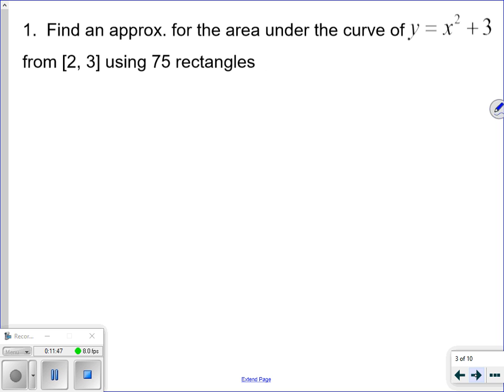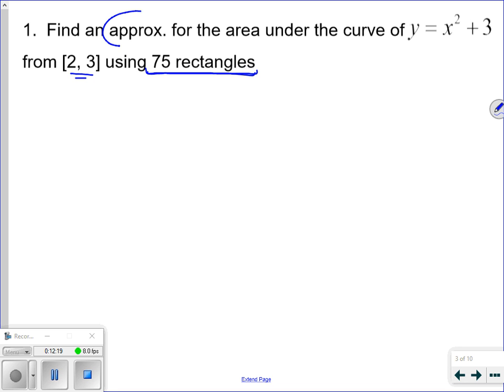Now, this right here is not an exact area yet, but it's going to be pretty close because we're using 75 rectangles. We're looking between 2 and 3. You can be my guest and draw 75 rectangles, find 75 areas and add them together. But we have an easier way. If I want to do 75 rectangles, that's not a limit as n goes to infinity. We do have a formula.